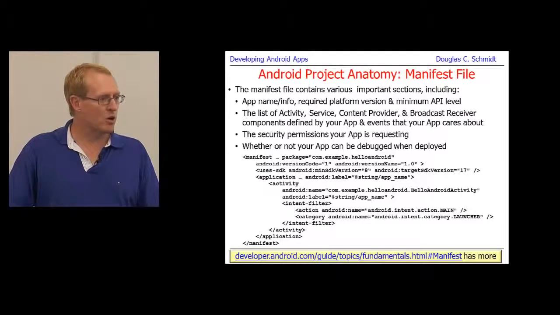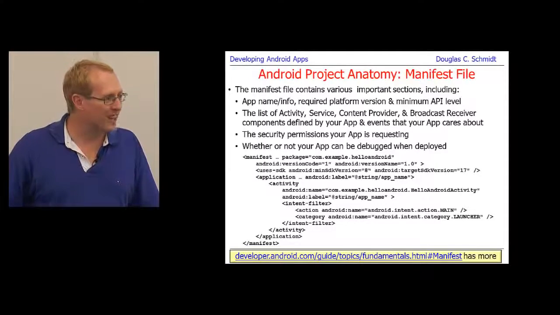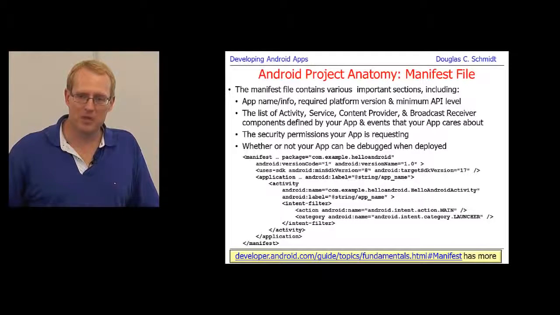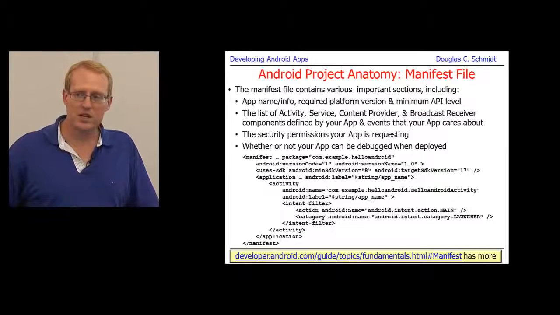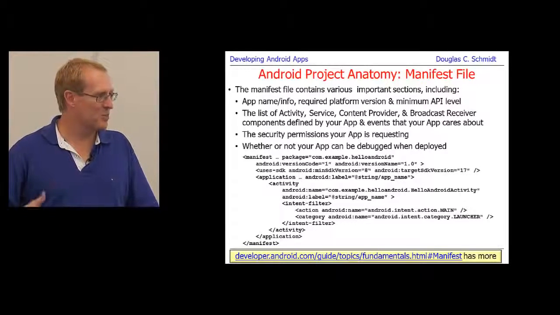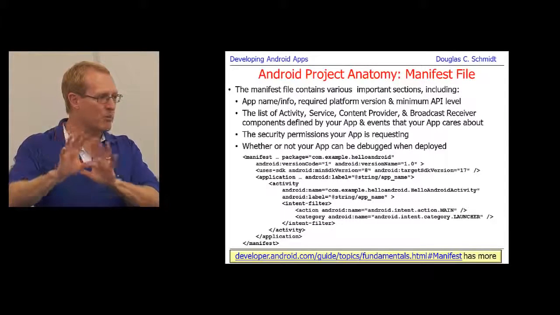You can also request various kinds of security permissions. You can also indicate whether or not your app can be debugged or not. Typically, when you're building things for internal use, say pre-release use, you want all this stuff to be debuggable so people can attach the debugger and the emulator and poke around and set breakpoints and so on.